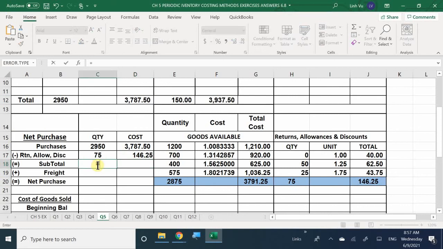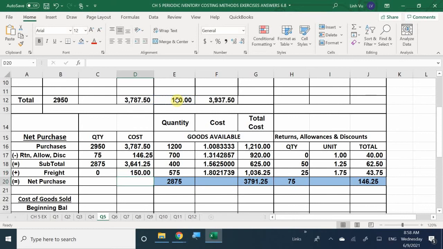And so therefore, I should have a grand total of $28.75 items, costing me a total of $36.41.25. Freight doesn't add to quantity, but it adds to cost.